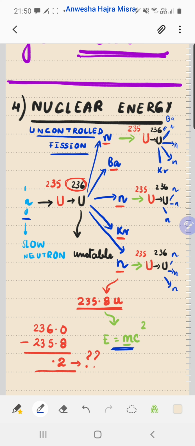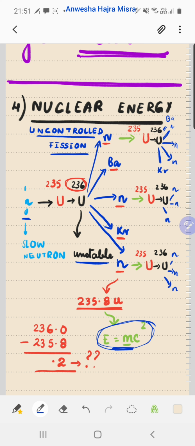So he found that when a slow neutron hits uranium-235, it turns to uranium-236, which is unstable and breaks up into less mass, and that mass is converted to energy. This is what Einstein wanted to do, but his formula was leaked out, and we have seen Hiroshima, Nagasaki.